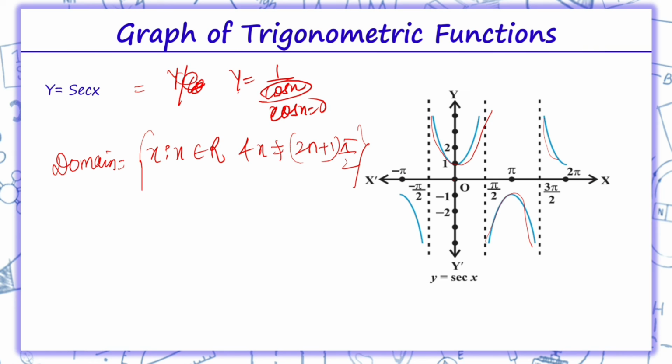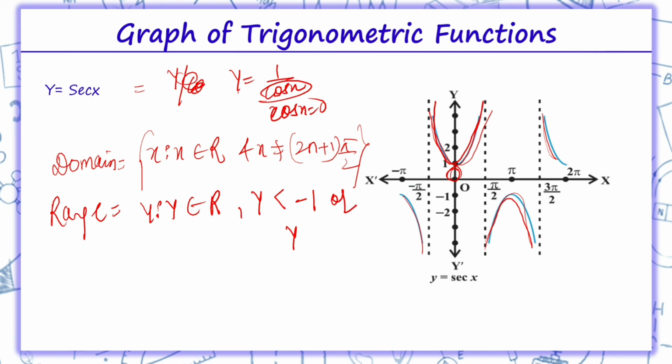And now if we see the range over here, above 1 we are getting all values, but this value we are not getting in our graph. Below minus 1 we are getting all values, but this value we are not getting. So the range will come out to be y such that y belongs to real numbers, where y is less than or equal to minus 1 or y is greater than or equal to 1.